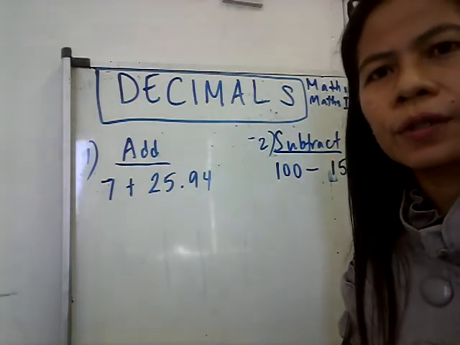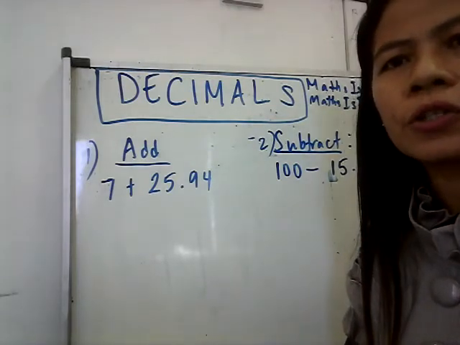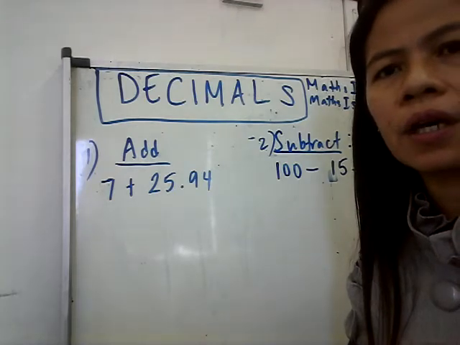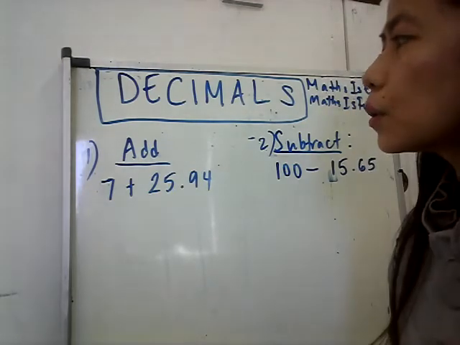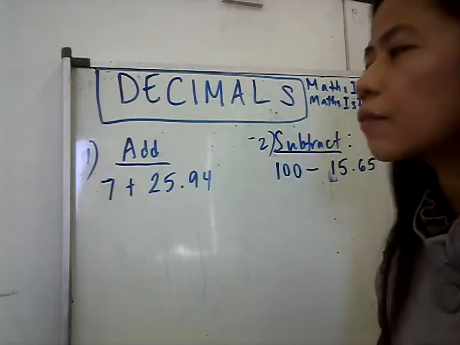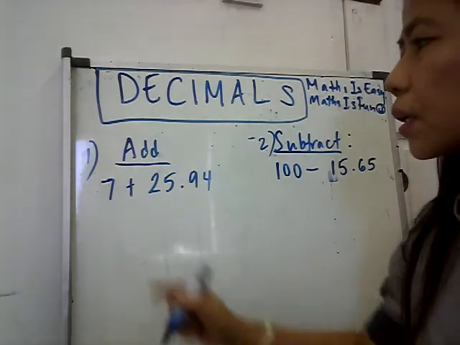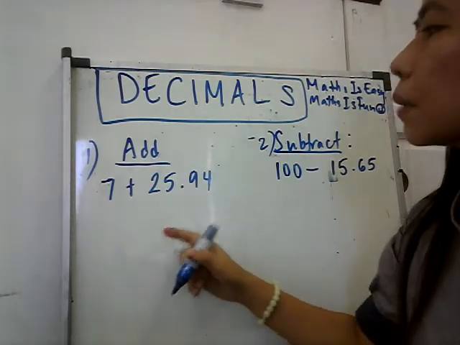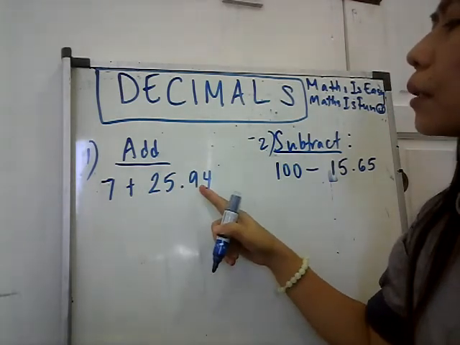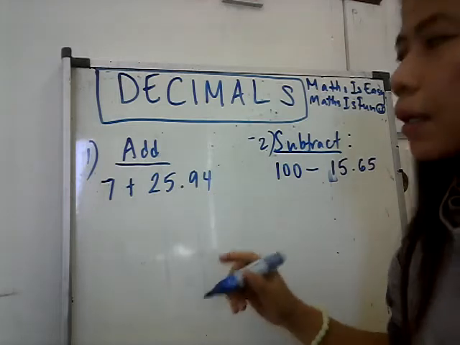Now let us go to addition and subtraction of decimals. For number 1, we have 7 plus 25.94. 7 is a whole number without a decimal, and 25.94 has 2 decimal places.